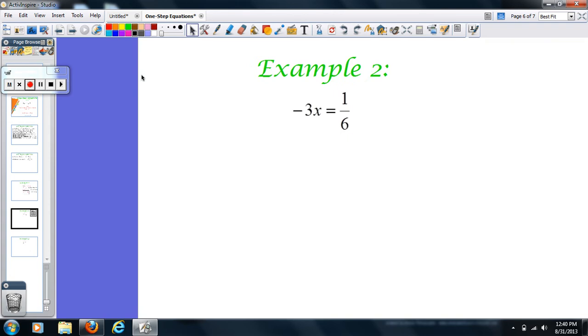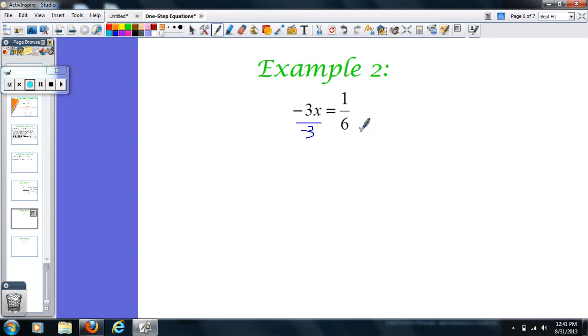Now, same idea here. You have negative 3x equals 1/6. Okay, and with this, we're going to do the same idea. This is multiplication of negative 3 to both sides. So we're going to divide by negative 3 on both sides.